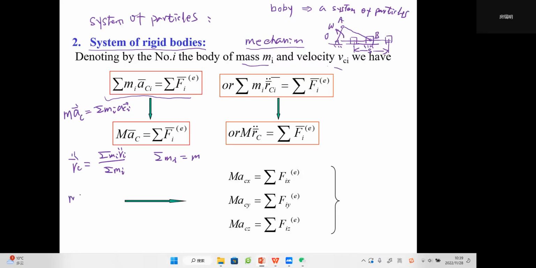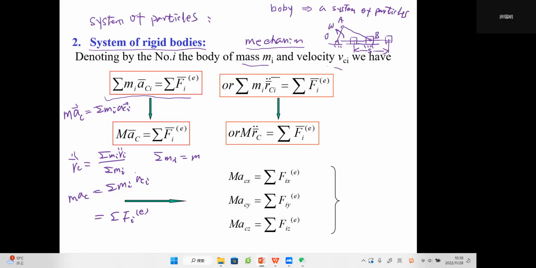So we have M a_C equals sigma m_i a_Ci, because each r_i double dot is a_Ci, right? So that's why M a_C equals sigma F_i. That's why this is true, right?